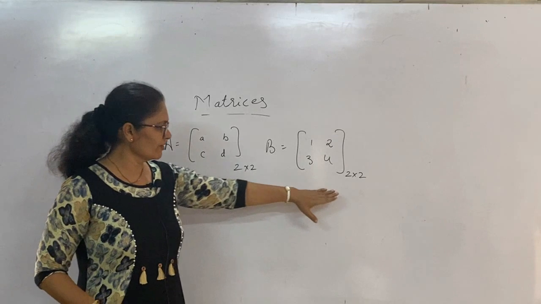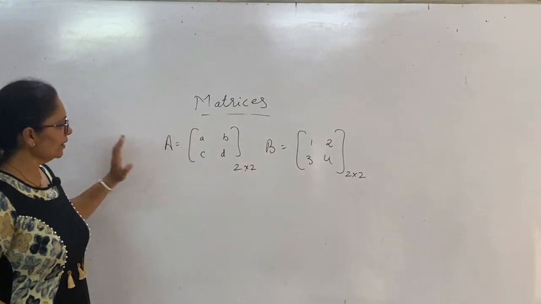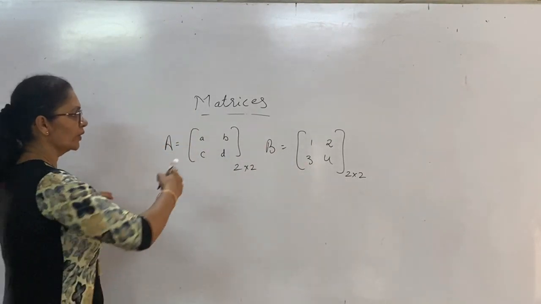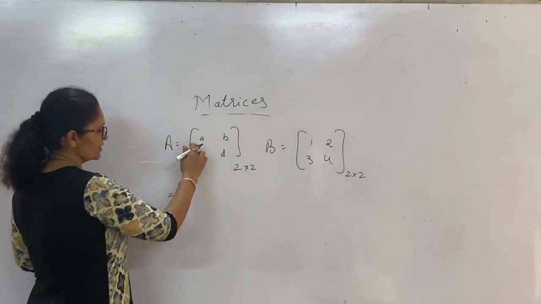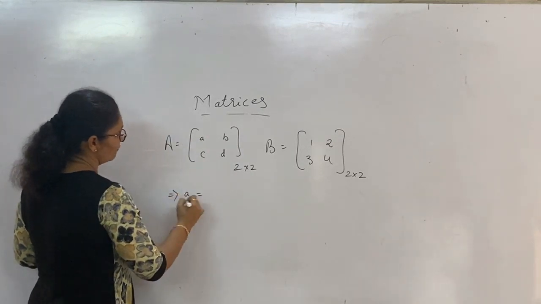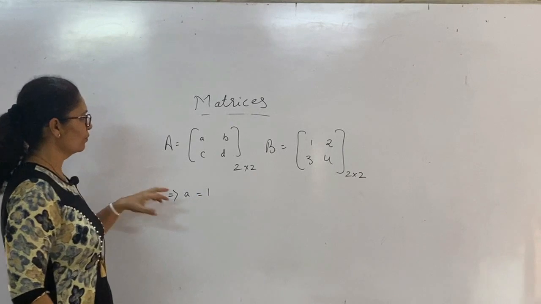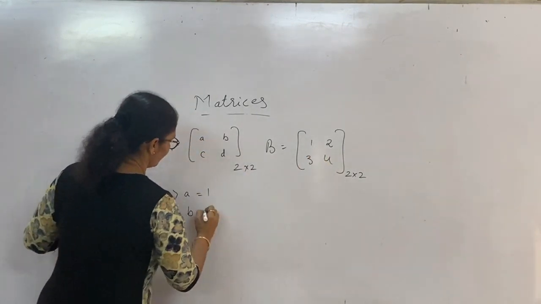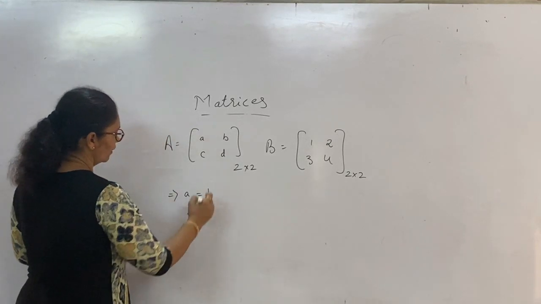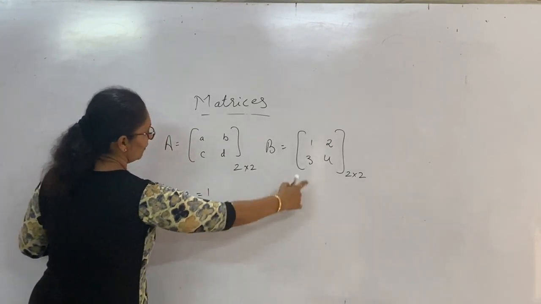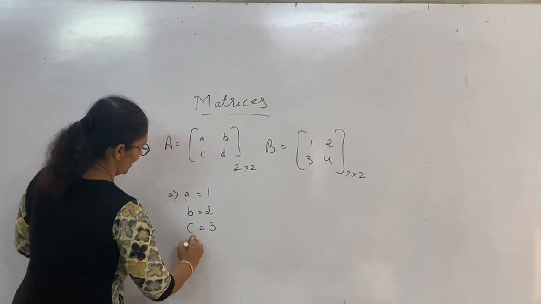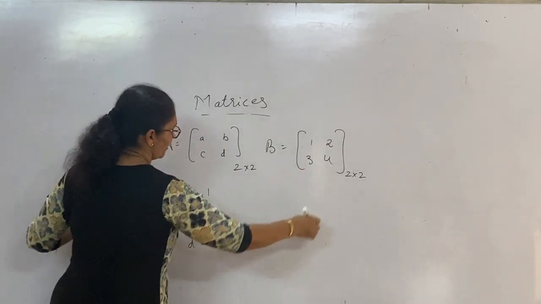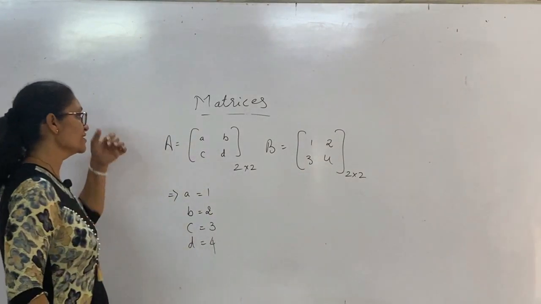So if both matrices are 2 by 2, you can compare the elements directly. The first element will be compared with the first, so a is 1. The second element b is compared with 2. The third element c is compared with 3, and the last element d is compared with the last element, 4.